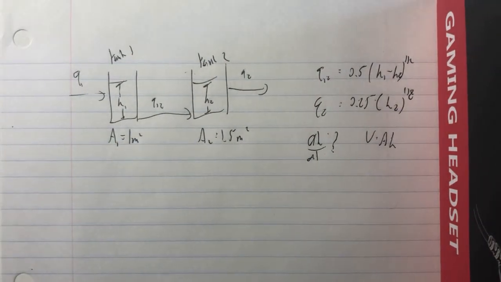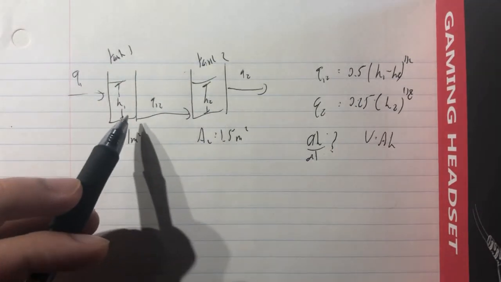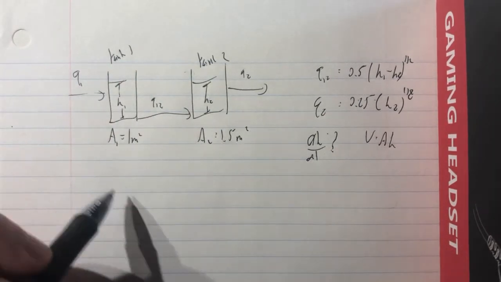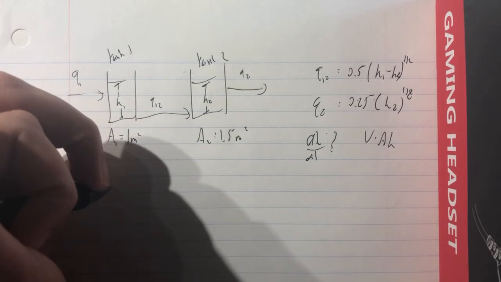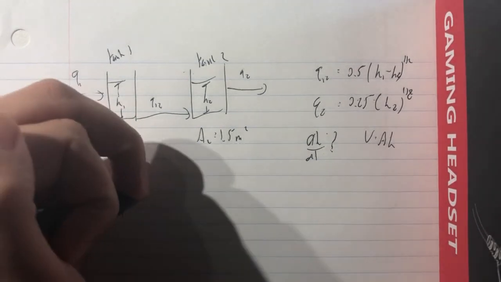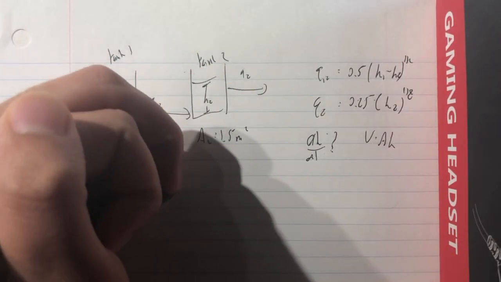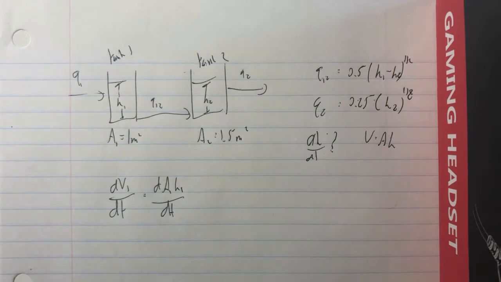And how we do that is we know the flows, or the change of volumes, for each of the tanks, and we use that. So we have dV1 over dt, and we know that V is equal to A times H, so d(A1 H1) over dt.